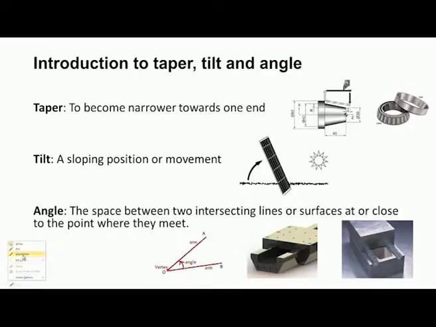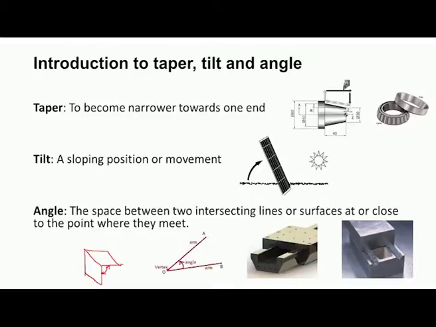Similarly, we can have two surfaces. So, we have one surface like this and another surface. The space between these two surfaces is called angle.